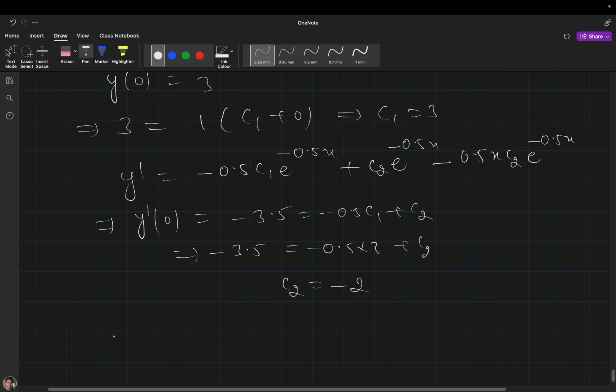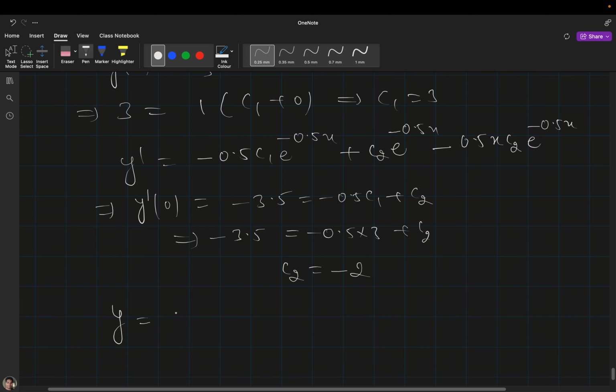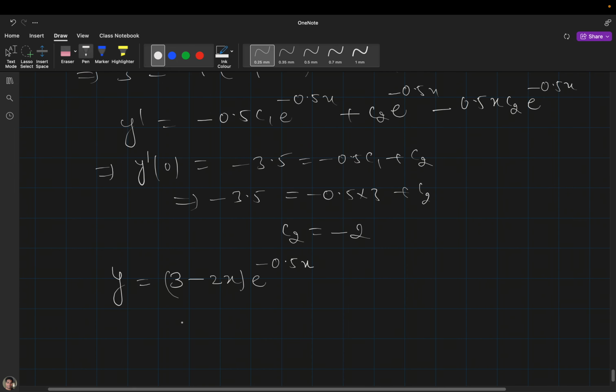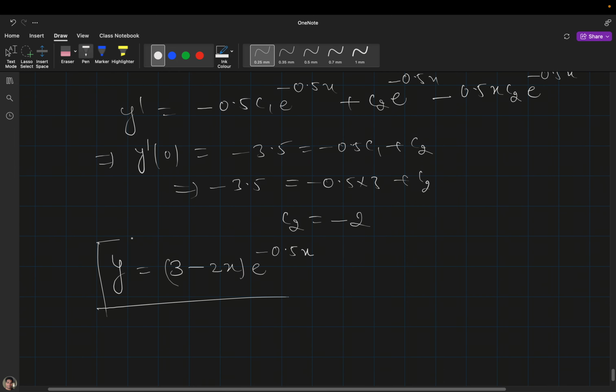So what is the final solution? The final solution will be (3 minus 2x) e^(-0.5x). This is actually called the particular solution, because this is the existence of a unique solution.